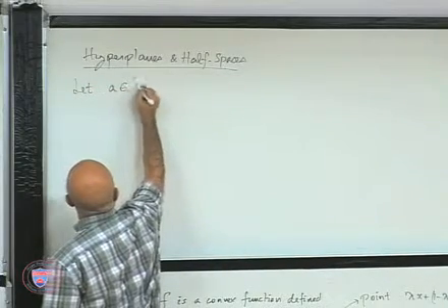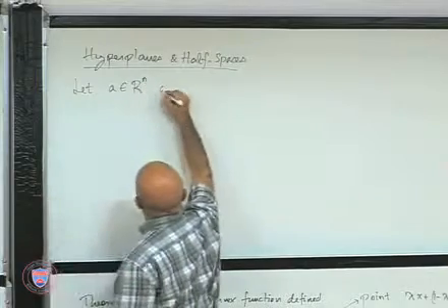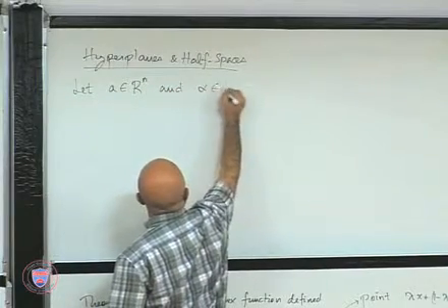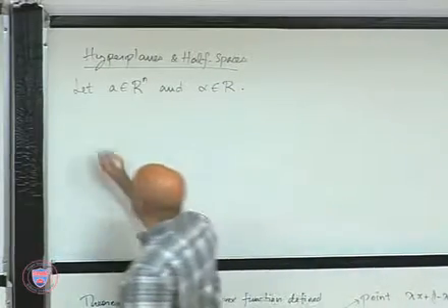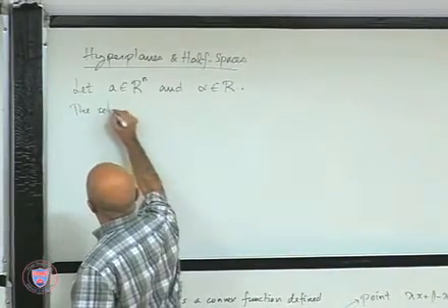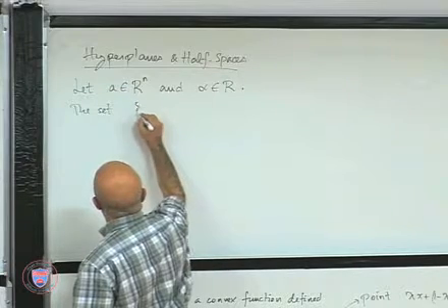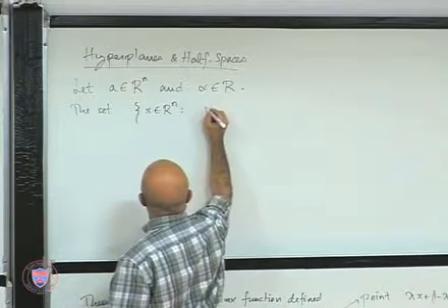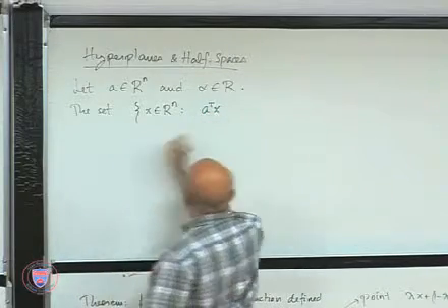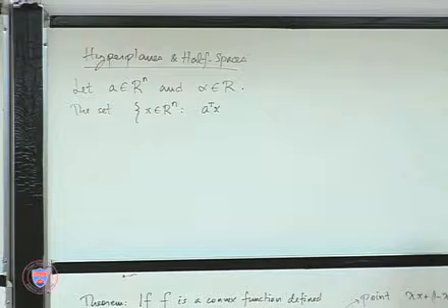Let A be a vector in n dimensions and alpha be a number. The set of points x in Rn such that A transpose x equals alpha is called a hyperplane with normal A. Vectors are column vectors in my notation unless otherwise stated.